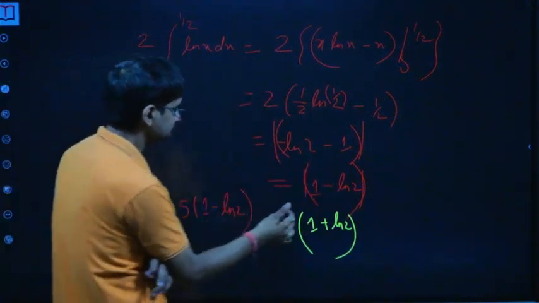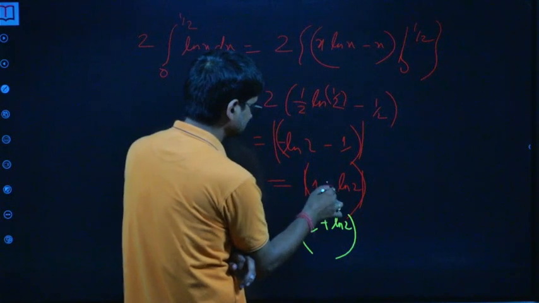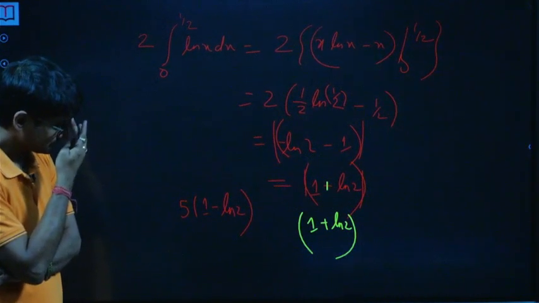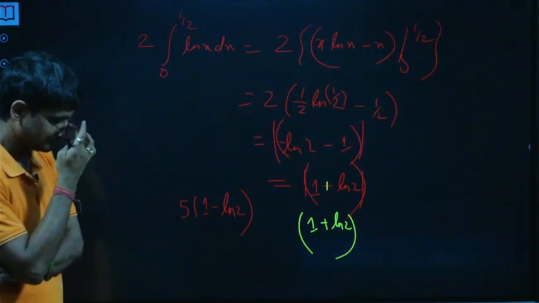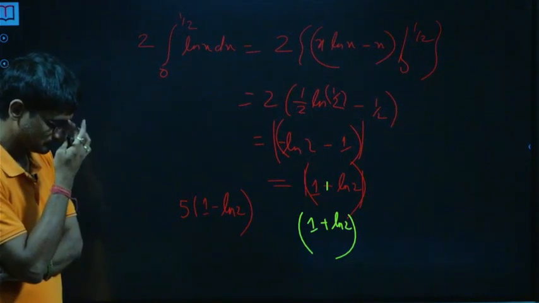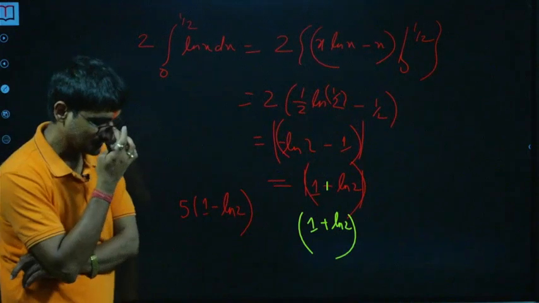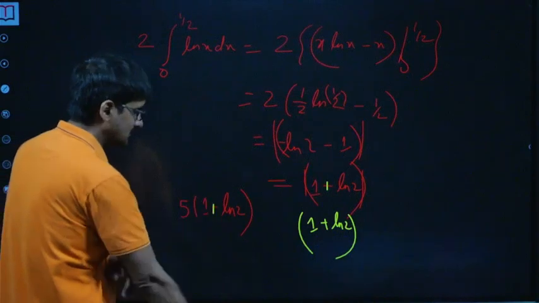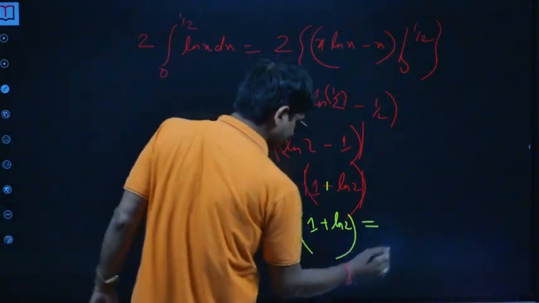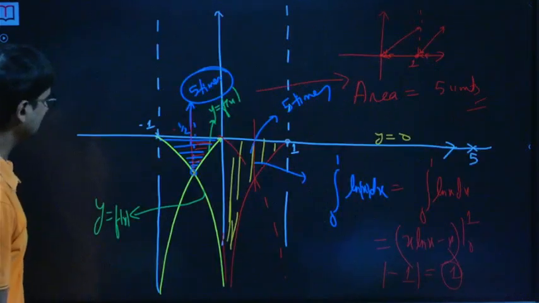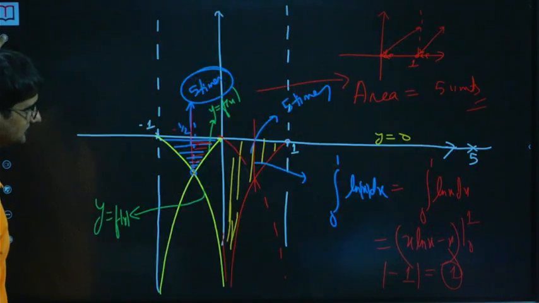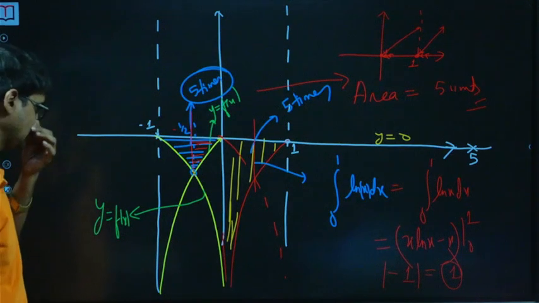क्या बच्चों? But both are negative, yeah. So that's it. So 5 times we add it, so we get 10 plus ln 2, no? There is a problem. None of these options is 5 times 1 plus ln 2. Wait, just let me quickly check it once.